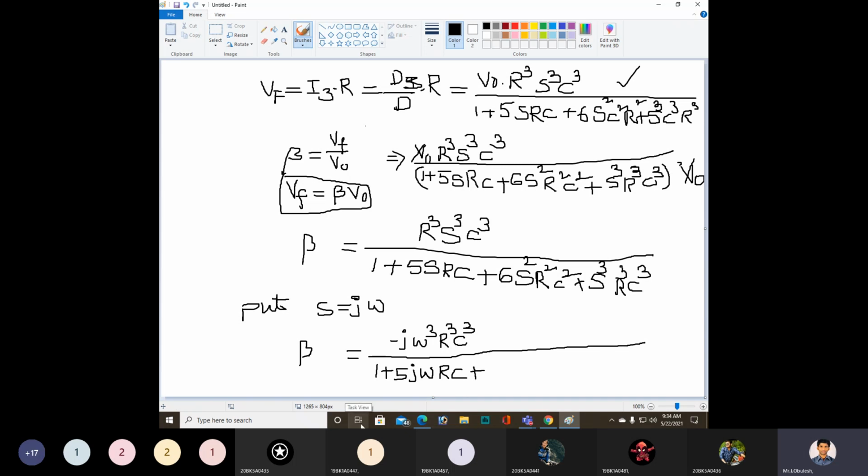Why? Here we have s square, which means j square, and j square means minus 1. So minus 6 omega square r square c square.